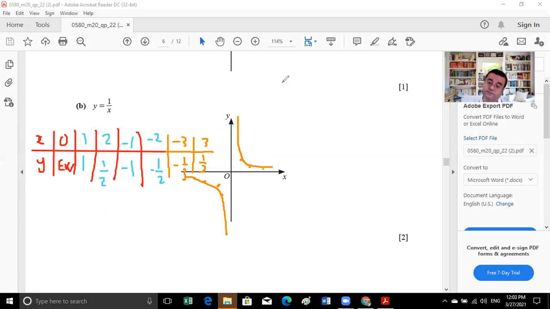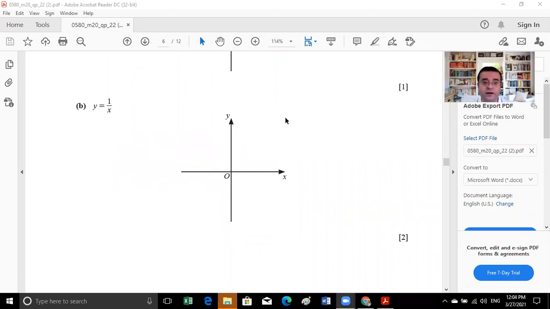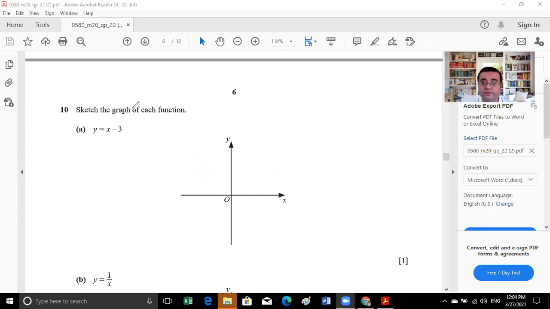Teacher, in the previous question why did we choose 3, 0 and 0, -3? Why in A do we choose 0 and 3? You can take any value, no problem. Take 1 if you want: it becomes -2. Because the range here is too small, don't go out of this range.